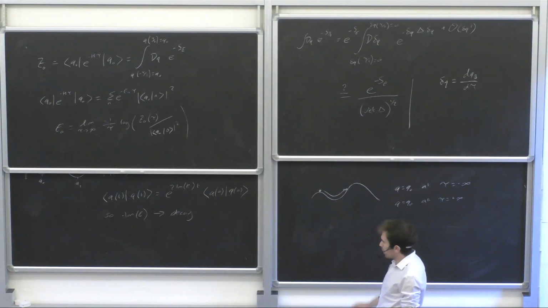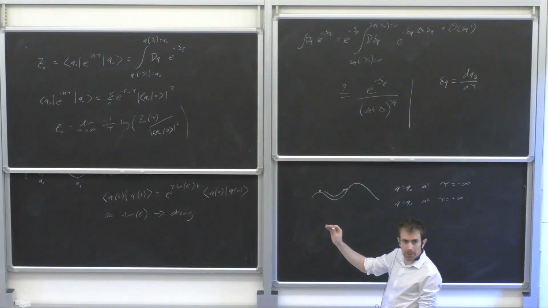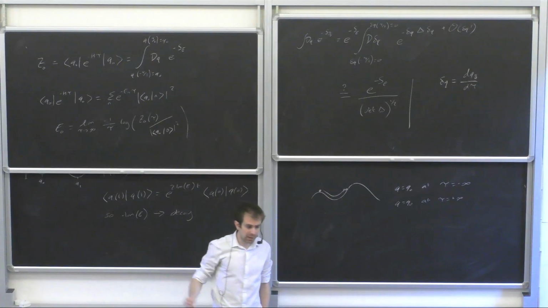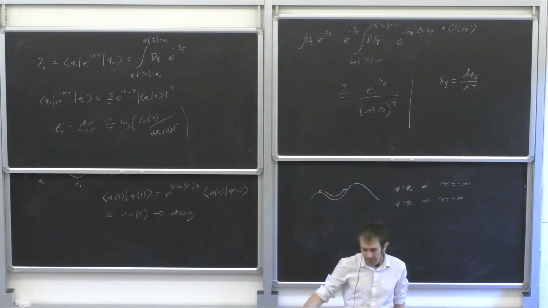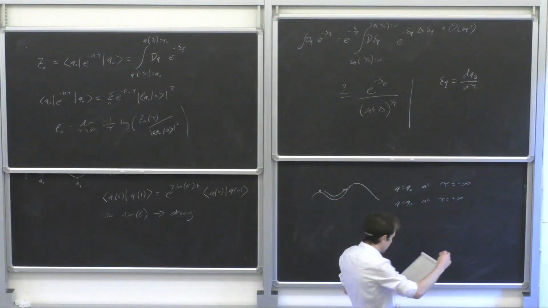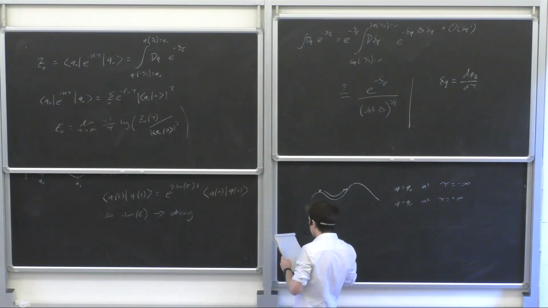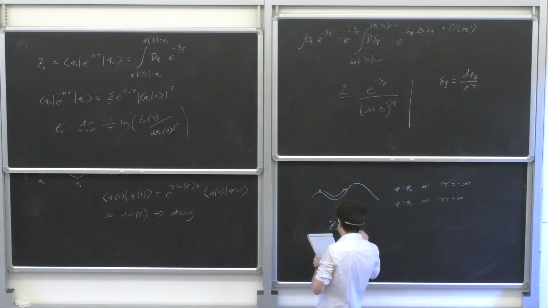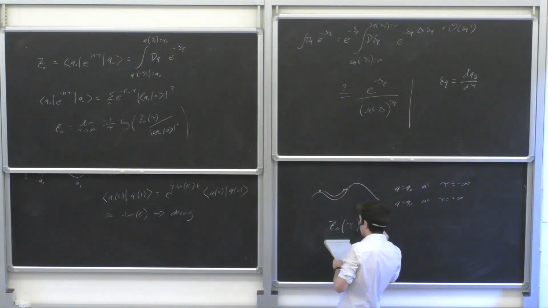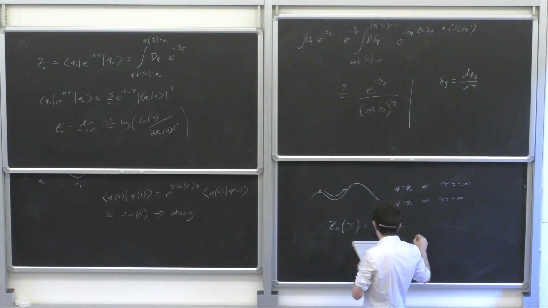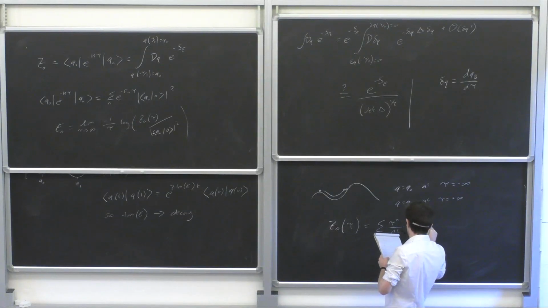One difference now is that when I combine multiple different bounces, say I start from Q0, bounce back to Q0, and then repeat this many times, I don't have to worry so much about the ordering of these different trajectories. This means that eventually what I get out is Z0 of tau, which is just summing over the multiple bounces, n, of tau to the n over n factorial, K to the n, e to the minus S bounce.